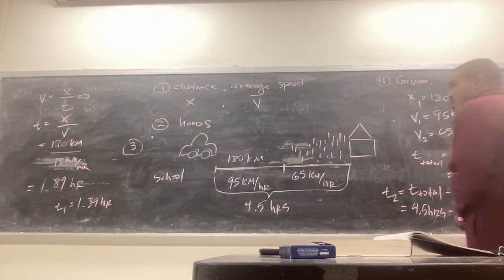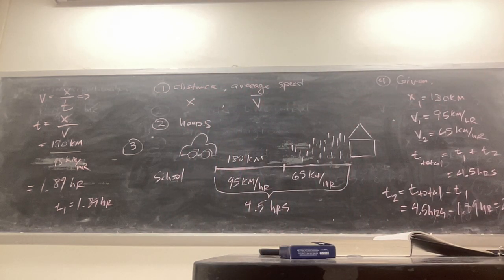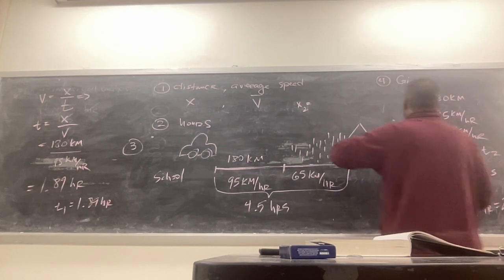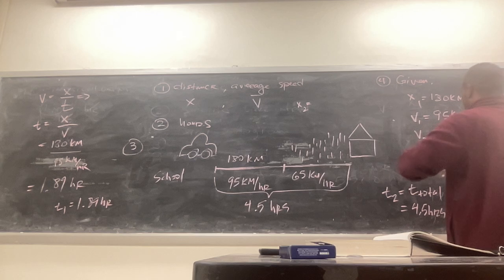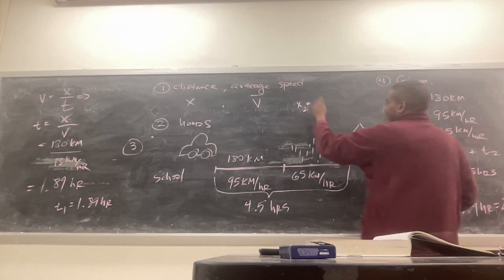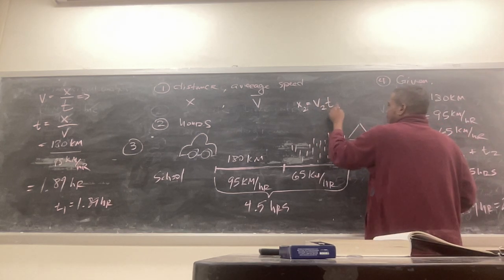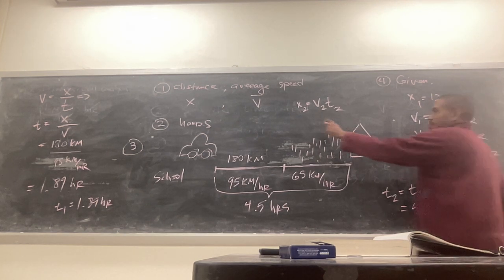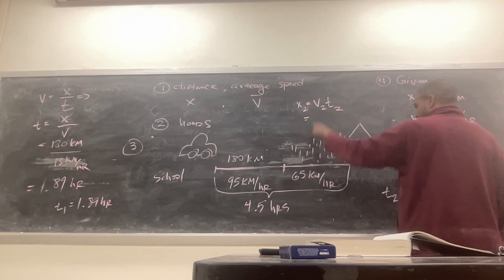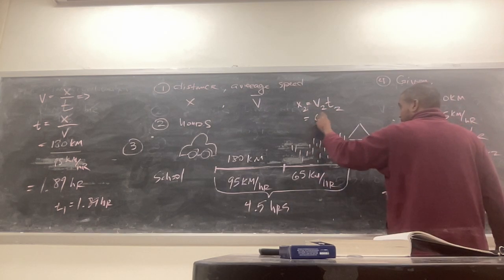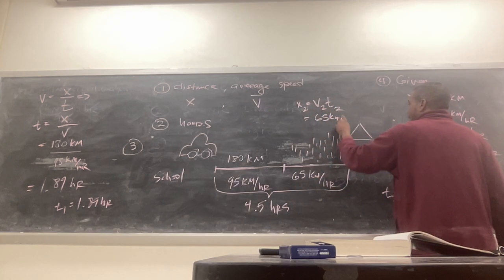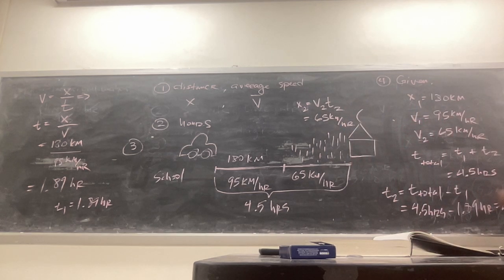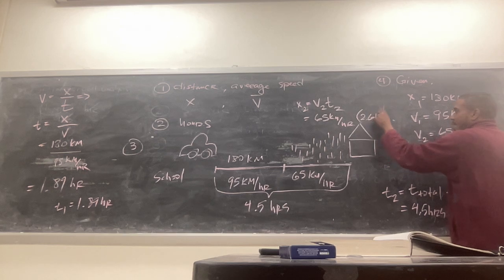So what is X2? X2 is V2 times T2. We know that V2 is 65 kilometers per hour, and T2 is 2.61 hours.